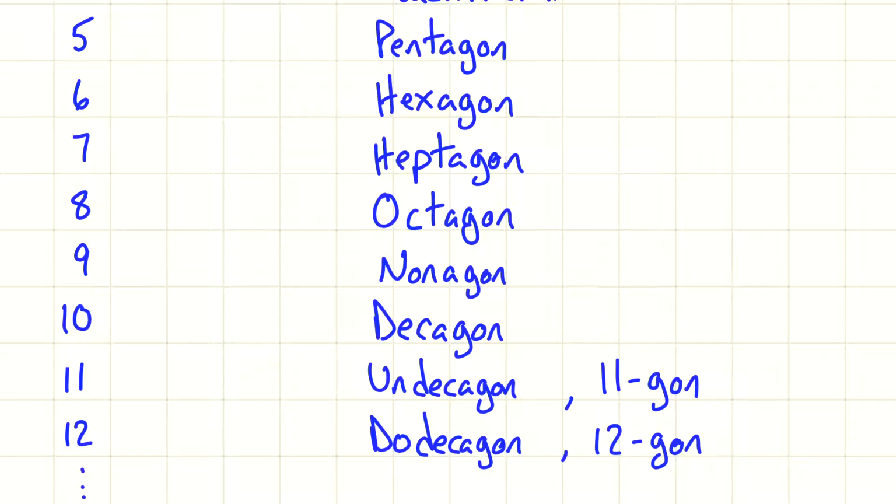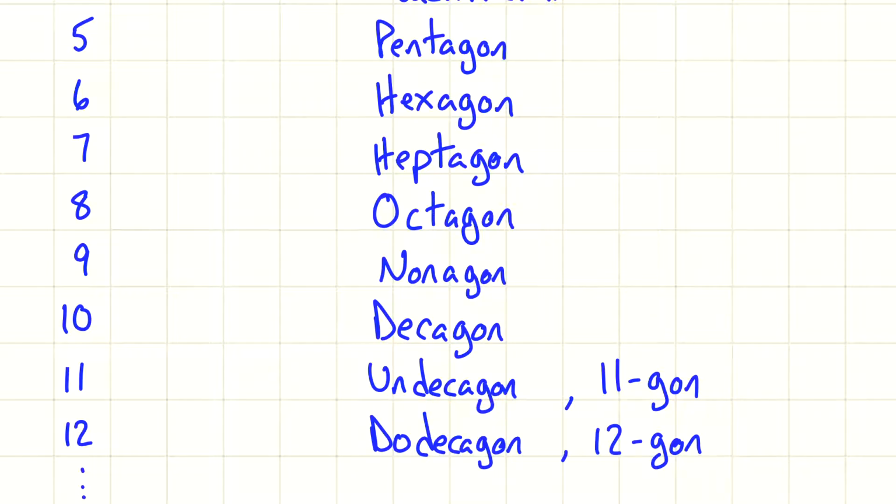So decagon means it has 10 sides, and the prefix, if you know anything about Latin or Spanish, if you look at the word uno, means 1. So if you look at that prefix un, that's 1, and 10 gives us 11.